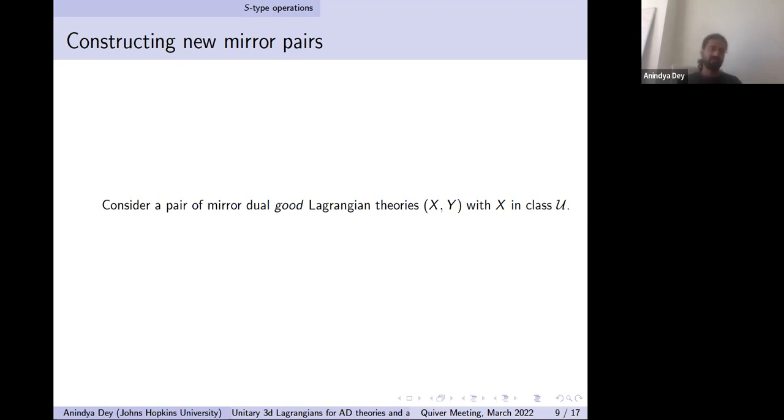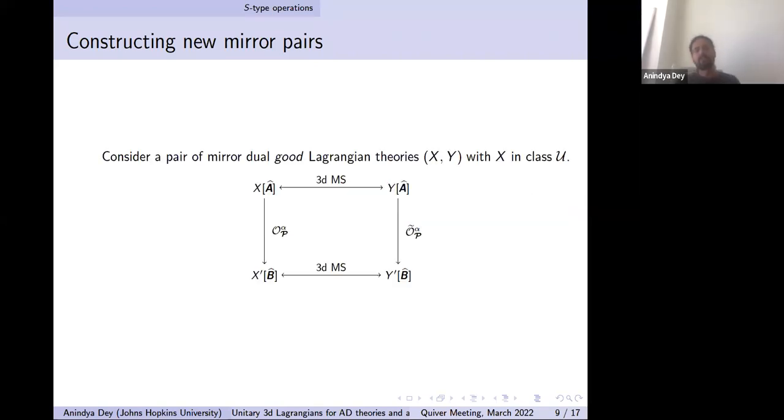So anyway, let me discuss the thing. So consider a pair of good Lagrangian theories, X and Y, with X in class U. And then X and Y are mirror-symmetric. Now imagine subjecting X and Y to this S-type operation, where the map O that I constructed acts on this theory X. So as we discussed earlier, it gives some theory X prime.